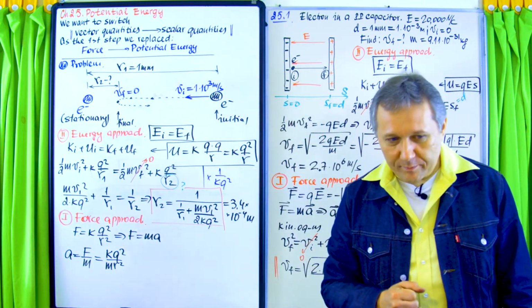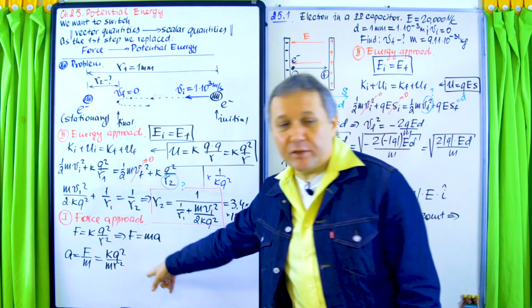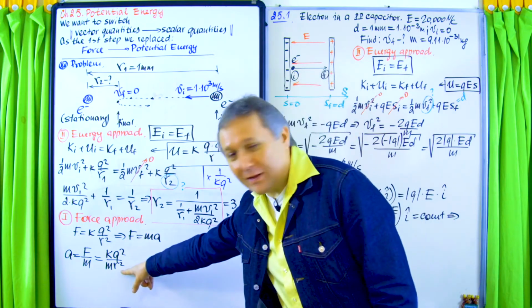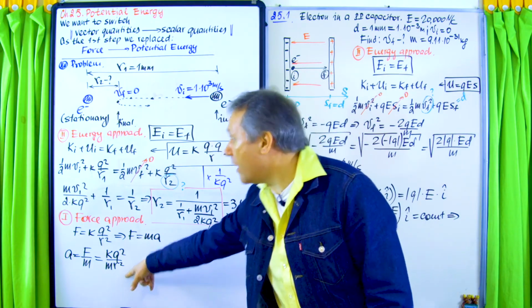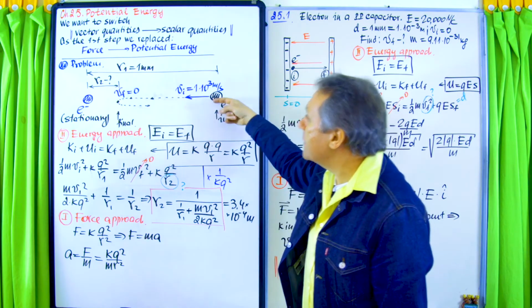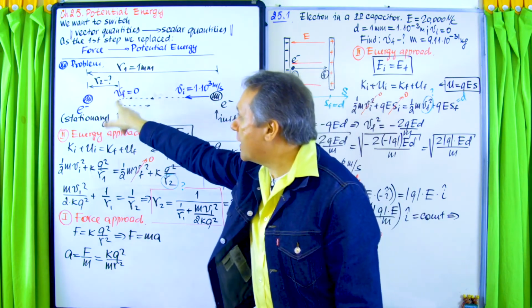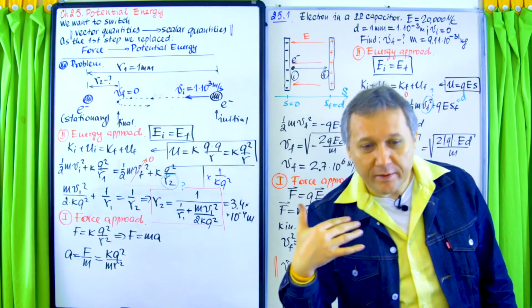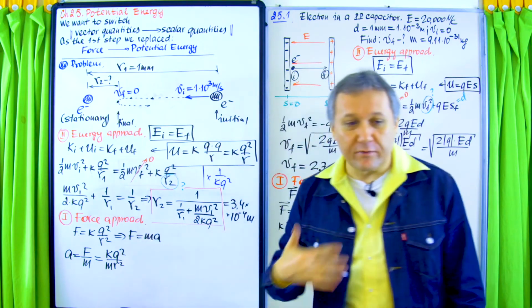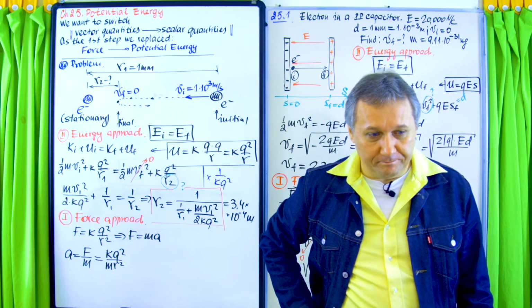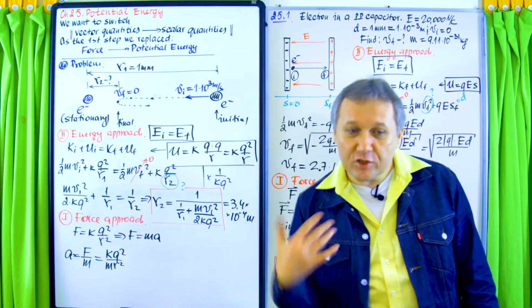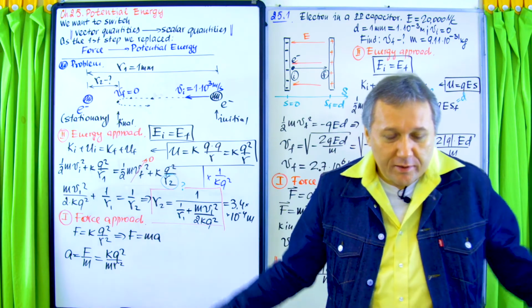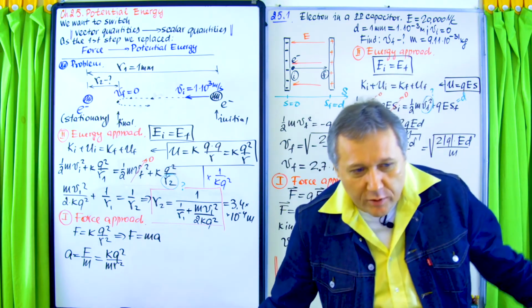Of course, it's no. Because now acceleration is not constant. Acceleration is a function of r. Look what happens with r as this electron travels. It's getting closer and closer to the other electron, and r is getting smaller and smaller. Acceleration is a variable. It changes with position. So as a result, acceleration is not constant. We cannot use kinematic equations.